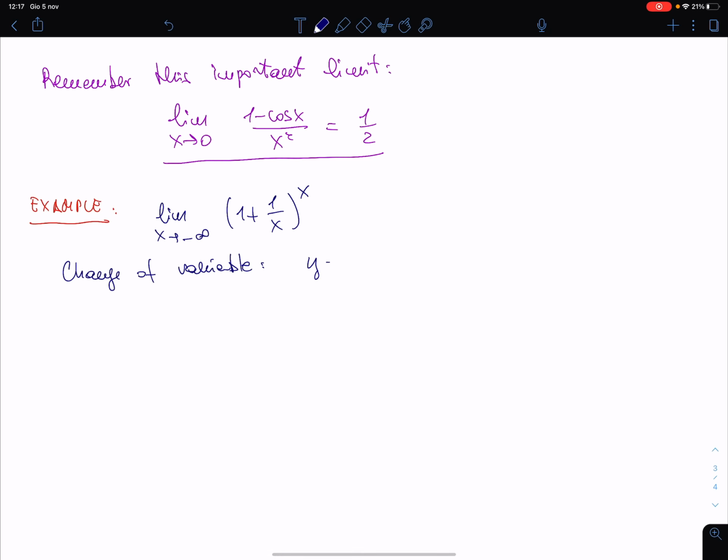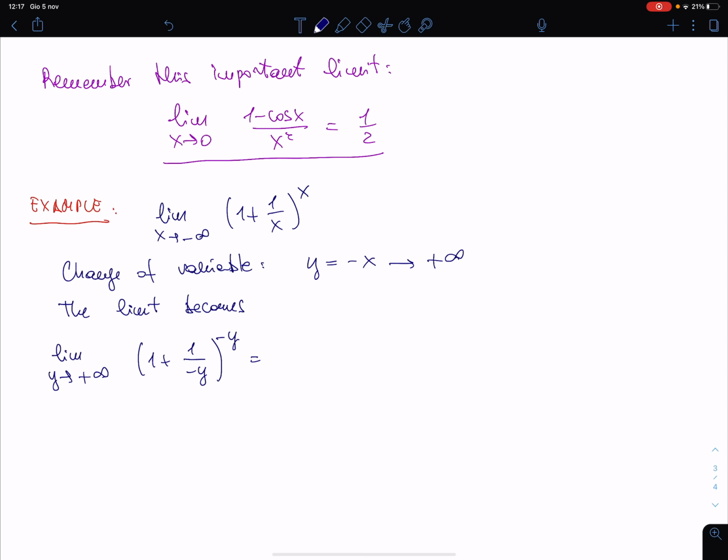Which is y equal to minus x. And so when x goes to minus infinity, y goes to plus infinity. So the limit becomes the limit for y going to plus infinity, like in the limit that defines E, but here we have 1 plus 1 over minus y to the power minus y.